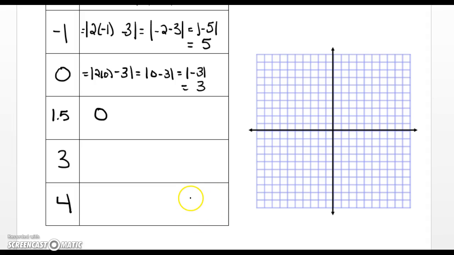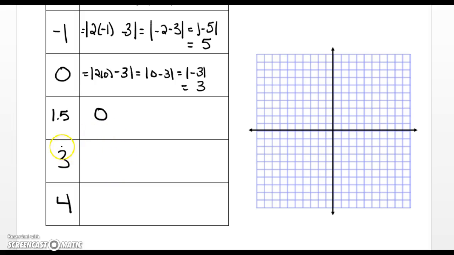So this should be a reflection, and we should have those mirrored points. It should be very similar to what a quadratic or a parabola would look like, but this time, instead of a U shape, it's a V shape. So it's a pointy vertex rather than a nice curved, smooth U like the parabola would have.